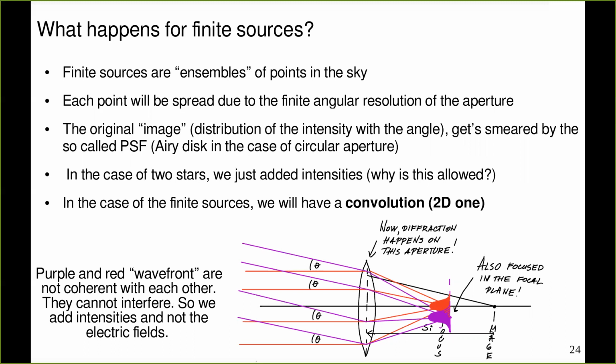Always have this in mind: when you have coherent sources, you're adding the electric fields, and that's where you have all these exotic phenomena like interference, diffraction, superposition, which is basically just superposition. While when you have incoherent sources, you're just adding intensity. So if I have two regular light bulbs, and they are both shining, the intensity everywhere is going to be 2 times the intensity.